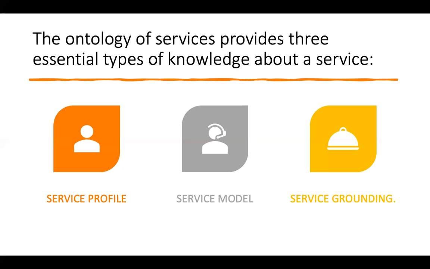The current specification for this is available in daml.org. In general, the service profile provides the information needed for an agent to discover the service, while the service model and service grounding objects provide the information for an agent to use the service.